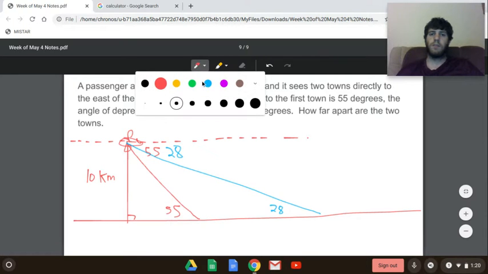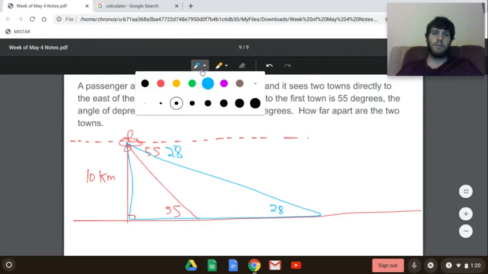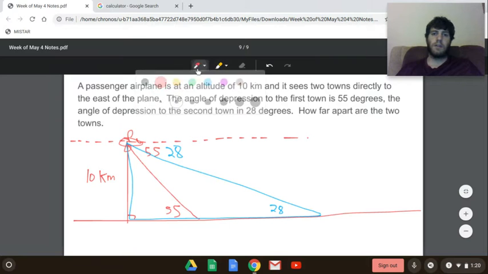Okay, and then we have the 2 triangles, the red triangle, right, and now the blue triangle. Okay, and again, we want to find how far apart these 2 towns are. So it's really, again, the exact same process we just did on the other one. So we want to draw our 2 triangles out. Okay, so here's going to be our 2 triangles.